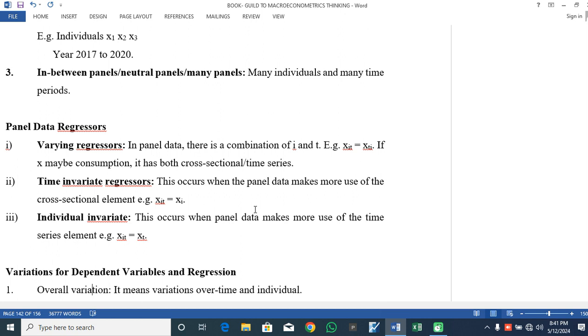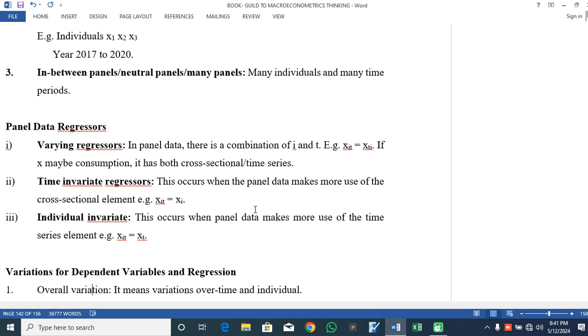Then the last dimension is the individual invariant regressor. This occurs when panel data makes more use of the time series element than the cross-sectional element. But basically, in our estimations, we are going to be dealing with varying regressors, wherein the number of time series data sets may be equal to the number of cross-sectional data sets.